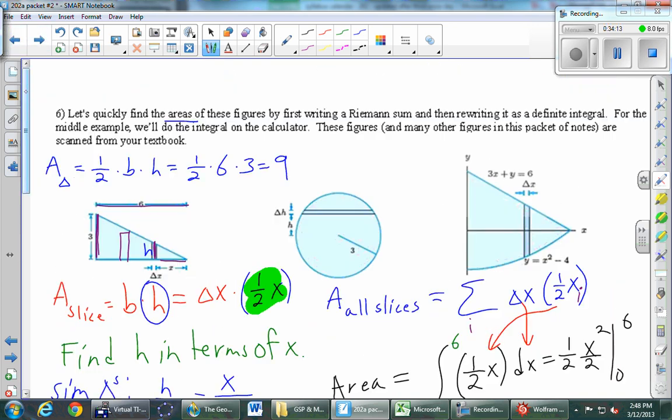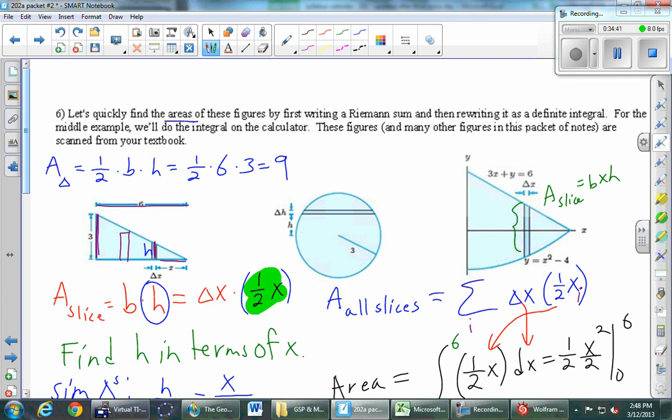Okay, so we'll go back. I'm going to go ahead and skip the third picture. It's the same idea. I'll give one little hint if you decide you're going to do some work on this and try to write this one out. Again, the area of one slice is the base times the height. And the base in this picture is delta x. That's easy. But the height of the slice is this distance right here.